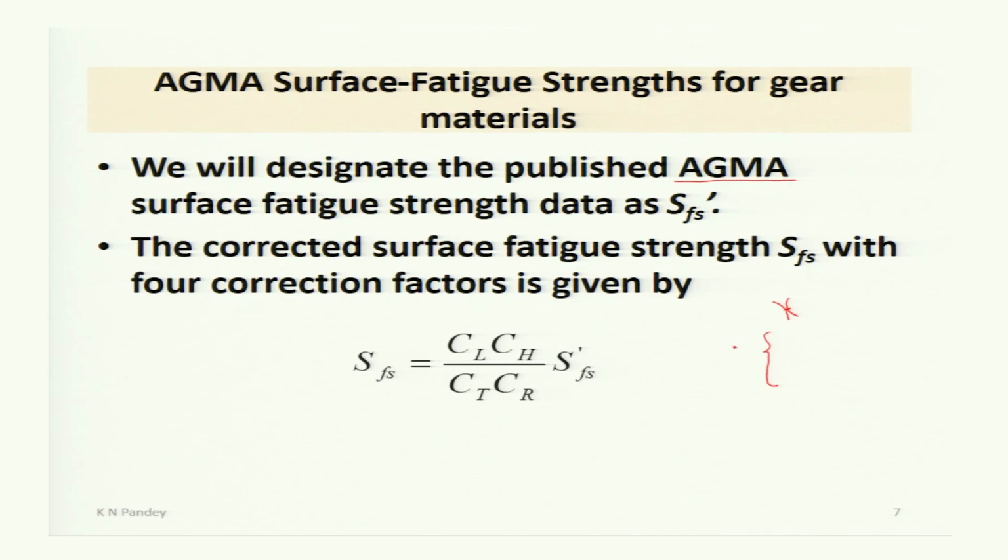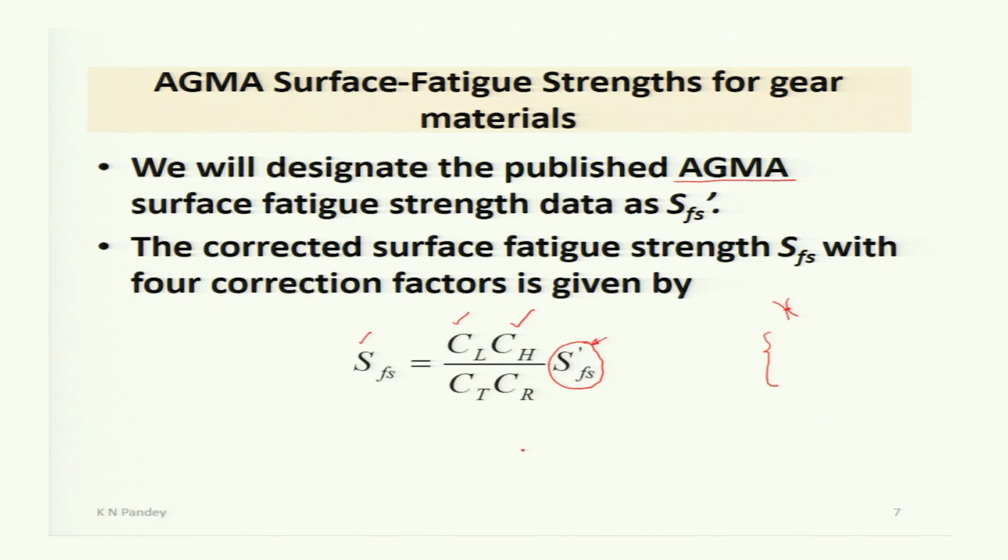Now if you want strength for the condition under which your gear has to work, you have to multiply the surface fatigue strength data obtained from literature by some factors, and those correction factors are again the life correction factor, hardness ratio correction factor, then the temperature factor and the reliability factor.